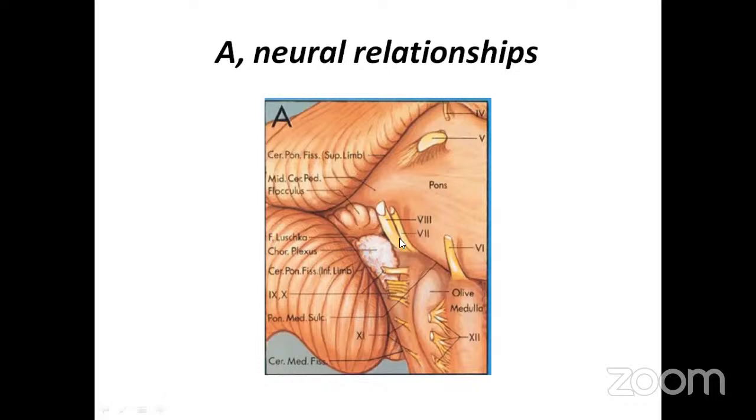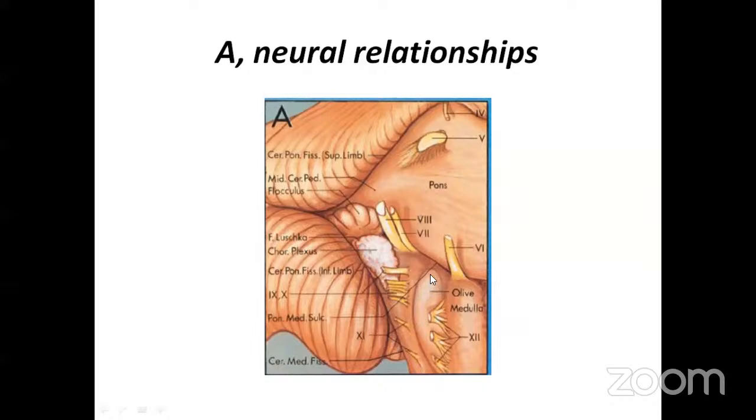Now, the 7th and 8th nerve lies anterior superior to the choroid plexus and anterior to the flocculus. This is the flocculus, this is the choroid plexus. And this is the olive, the rostral pole of the olive.